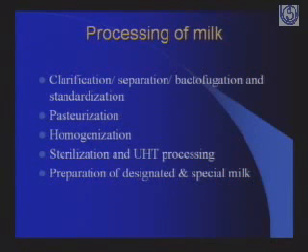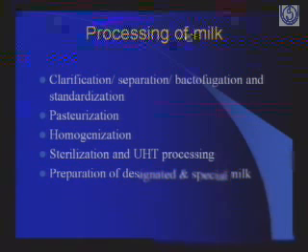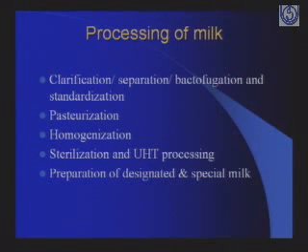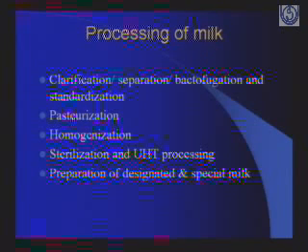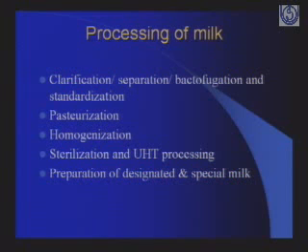Now the next unit is homogenization. Milk has to be homogenized before it is distributed to the consumers, either in the form of market milk or special milk like flavored milk or flavored sterilized or fruit flavored milk, etc. Then the fourth unit is sterilization of milk and the UHT processing.